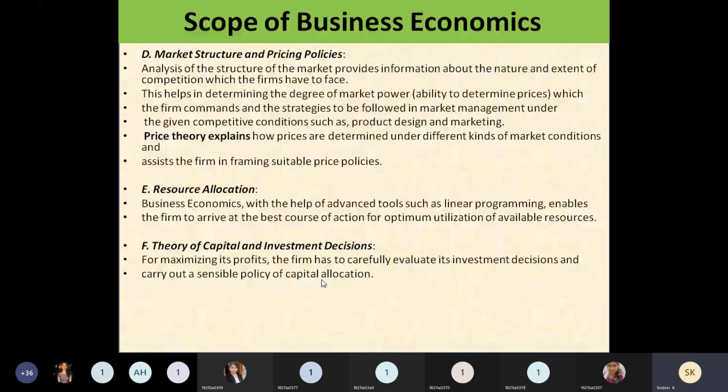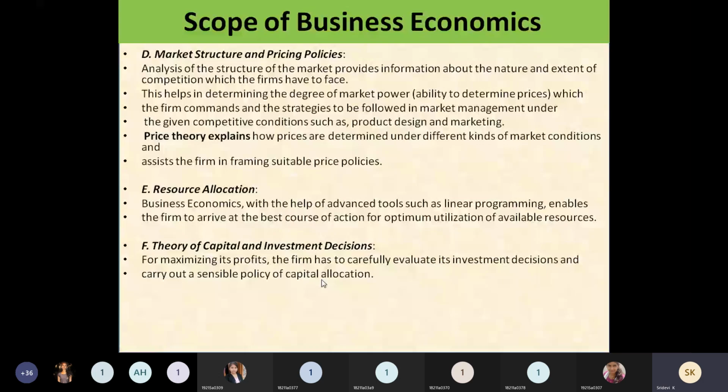You must analyze properly, before investing, whether to invest in that particular machinery or that particular project. You must be very careful before investing whether that is going to give you profit or not. That analysis you have to do. Capital budgeting is one of the techniques.